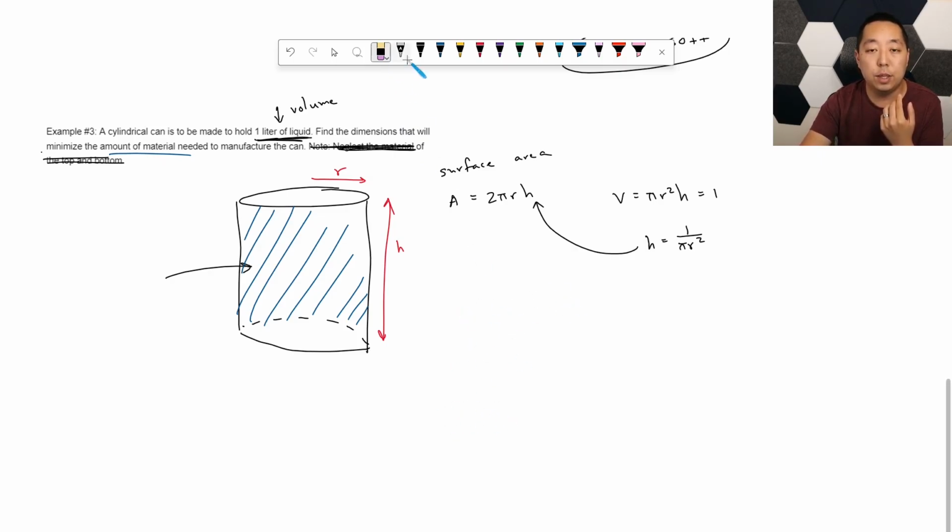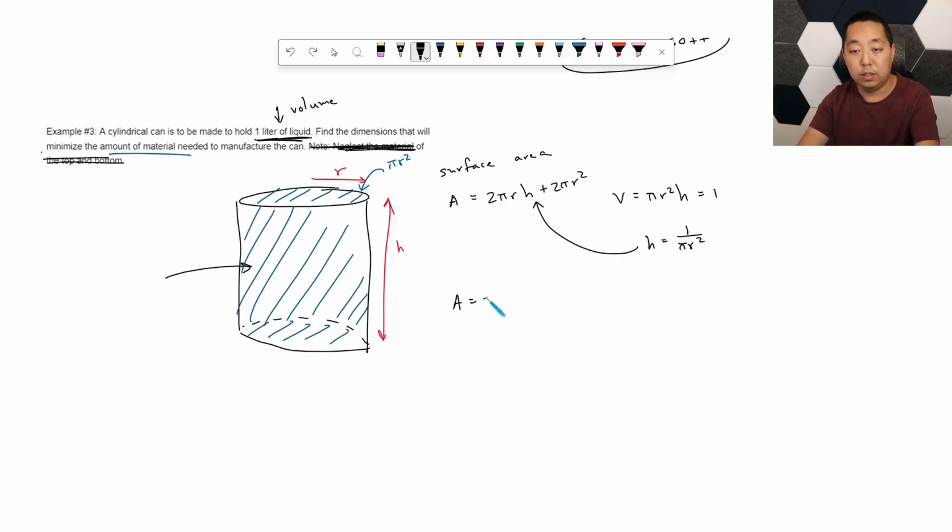So let me just add in the area of the top and the bottom of the can. Those are areas of circles. Each area is pi r squared. So then we're going to have plus 2 pi r squared. So this is going to work better. So then the area is going to be 2 pi r times 1 over pi r squared.